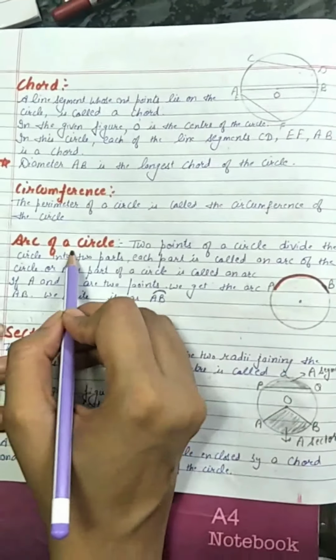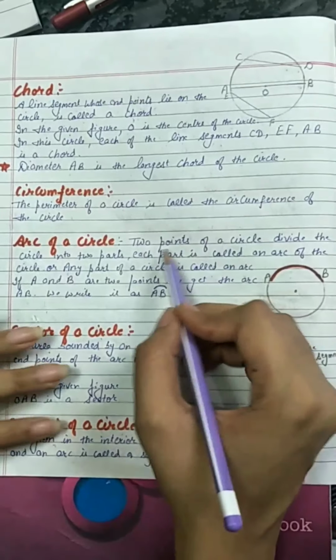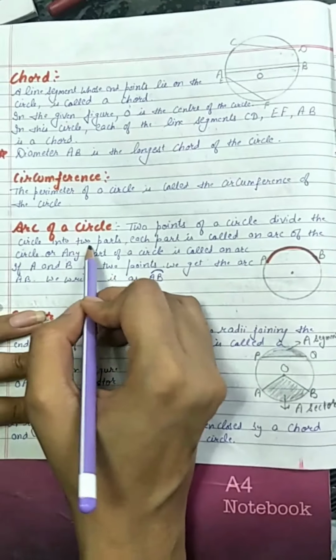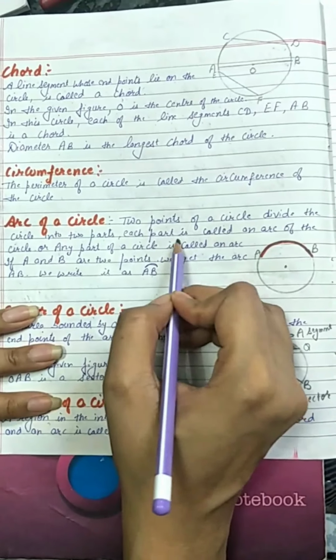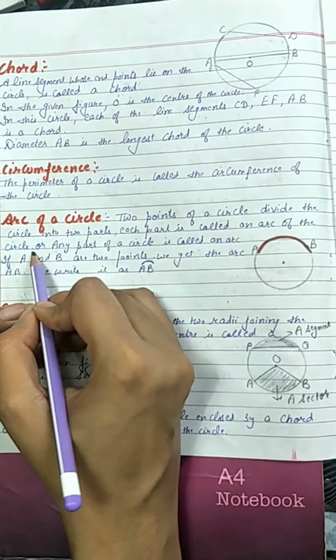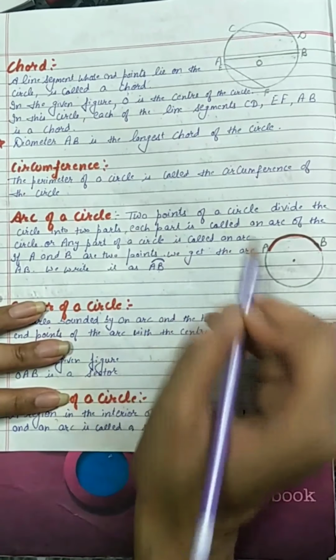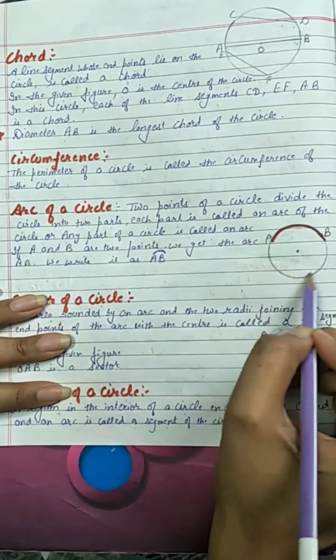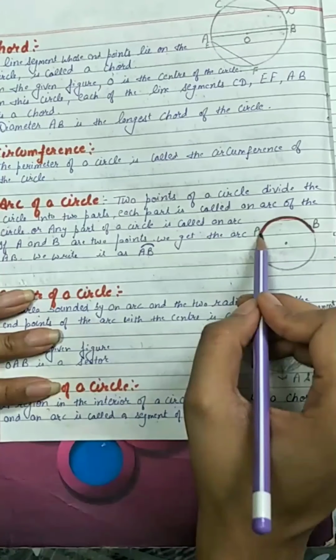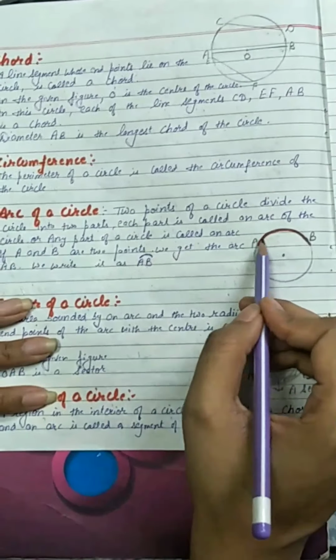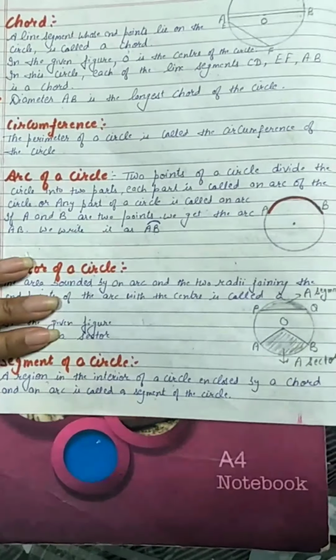Next is arc of a circle. Listen. 2 points of a circle divide the circle into 2 parts. Each part is called an arc of the circle, or any part of a circle is called an arc. Suppose this is a circle. If A and B are any 2 points, we get an arc.